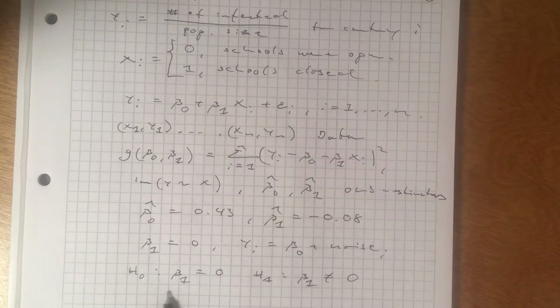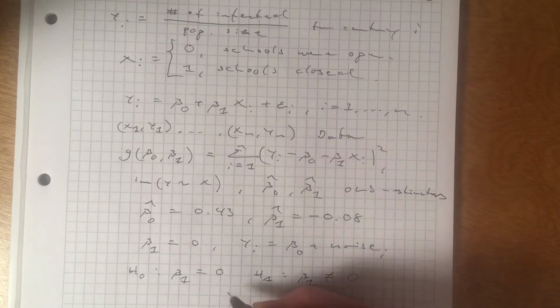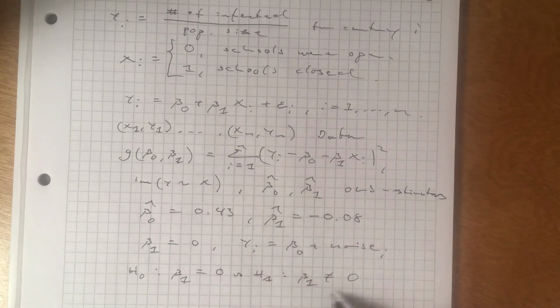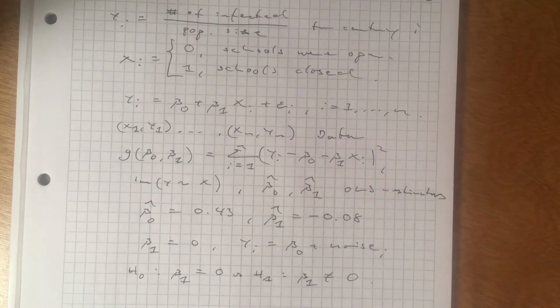So no effect versus some effect. And here we haven't specified whether or not the effect is positive or negative. Well, so it's a so-called two-sided test. Anyways, let's think about the type of errors when testing such a hypothesis.